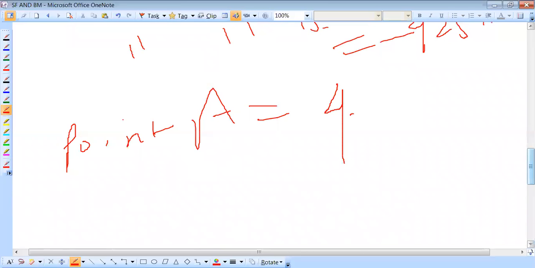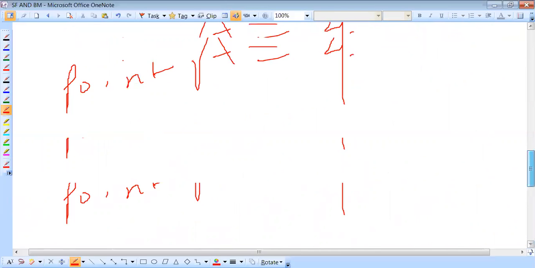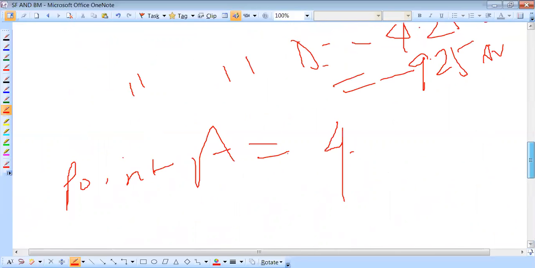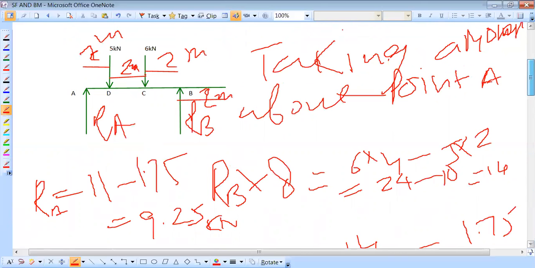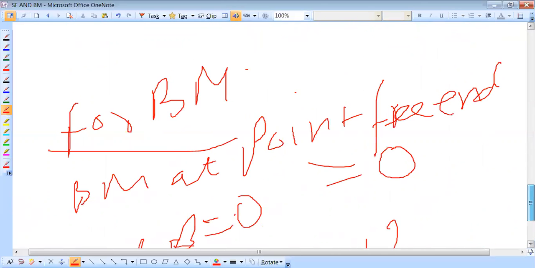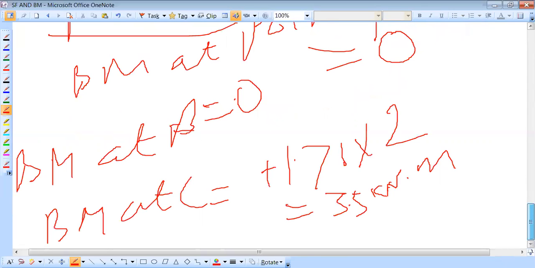I already found out the SF at A is equal to 9.25. So putting the value here, 9.25.